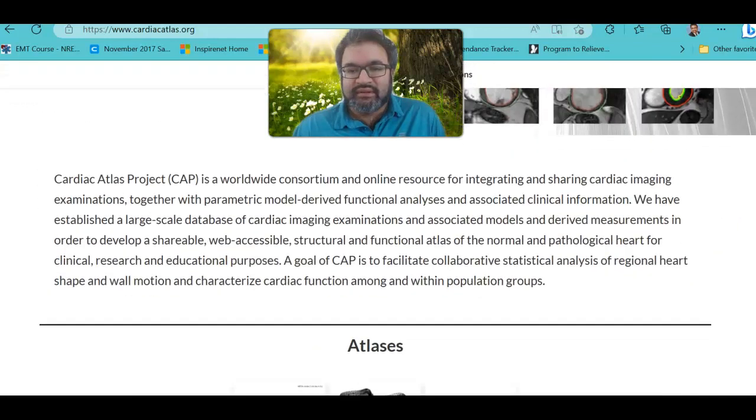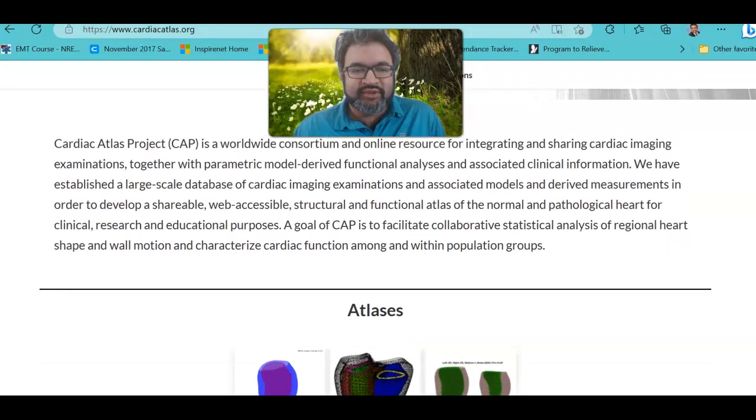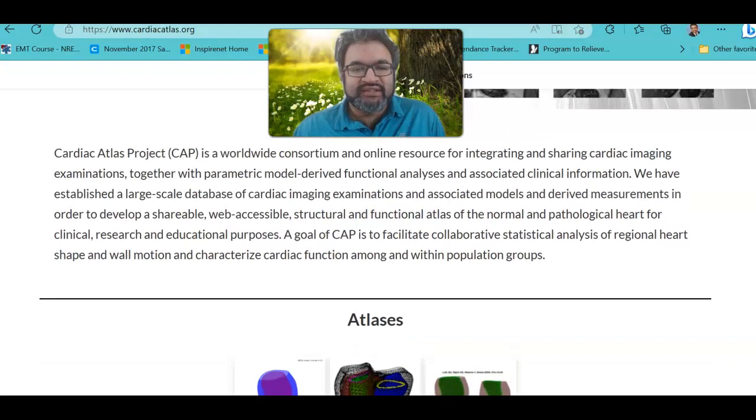So looking at the Cardiac Atlas project, it is a worldwide consortium and online resource for integrating and sharing cardiac imaging examinations, together with parametric model-derived functional analyses and associated clinical information.